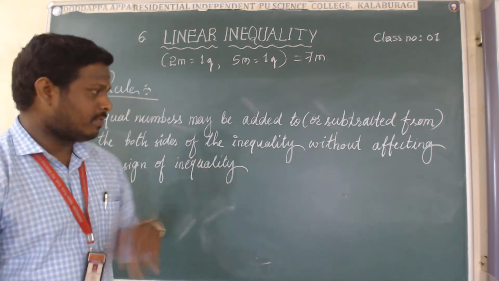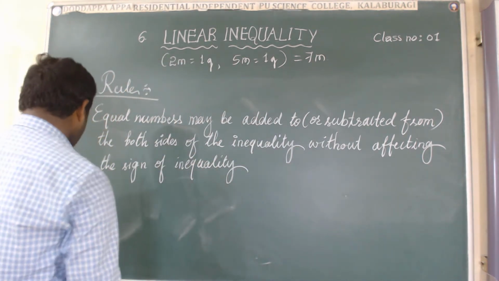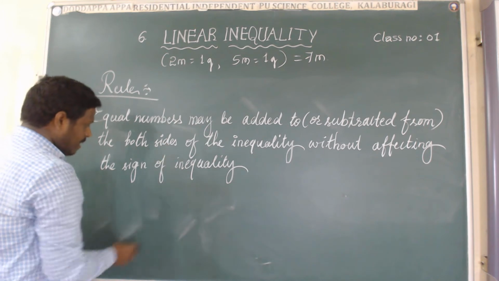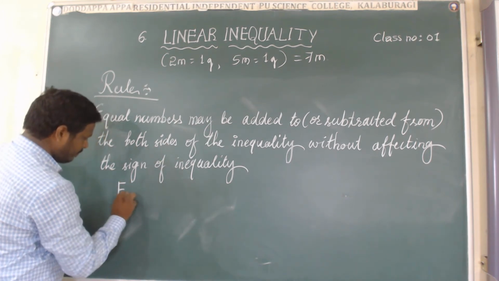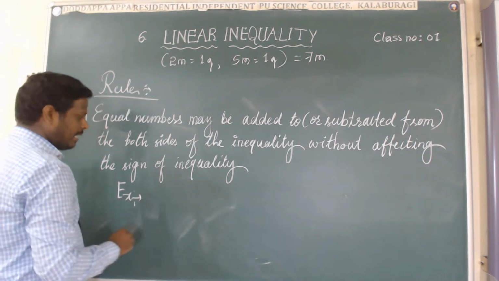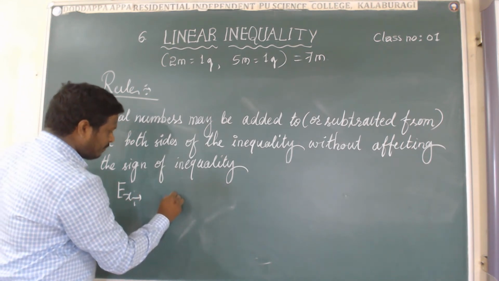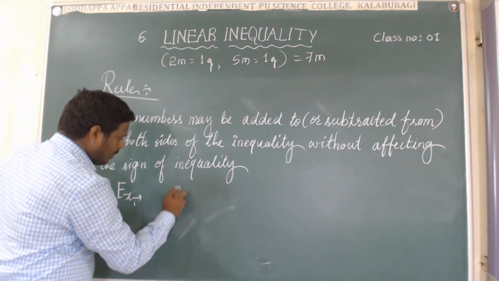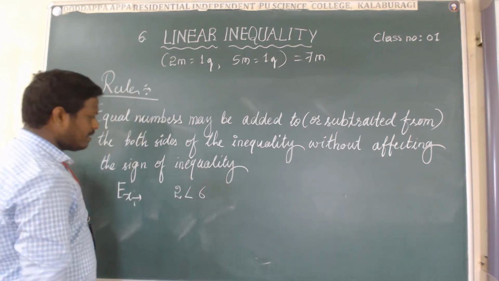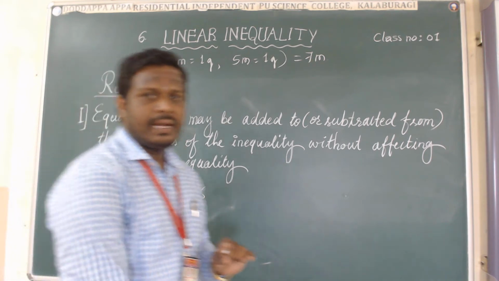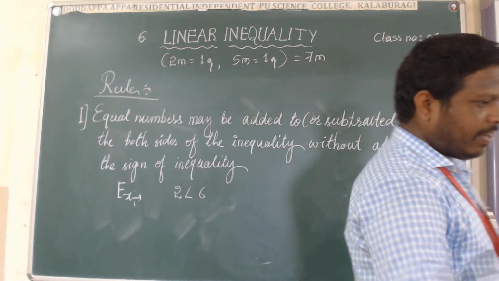When I go through an example, you will get it clearly. Come to an example here. I will write 2 is less than 6. By seeing directly, we can say that 2 is less than 6 always.